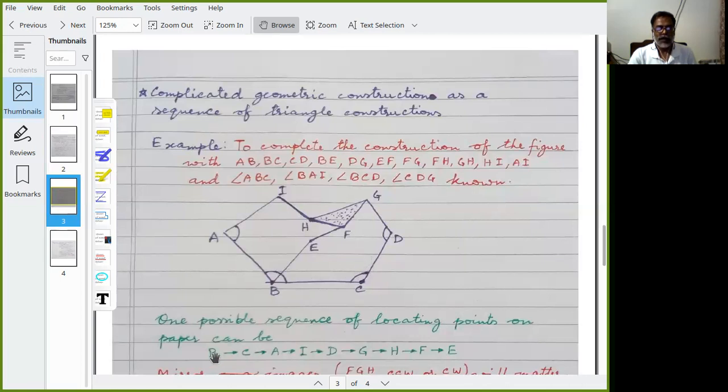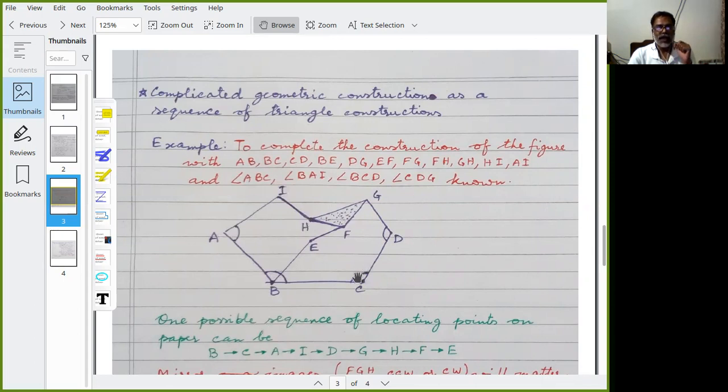So after fixing B and C, by making this angle and using the length AB, you can fix A. Once A is fixed using this angle and this length, you can fix E. But now you cannot fix F. So you have to stop. You have to wait and try to get hold of something else.